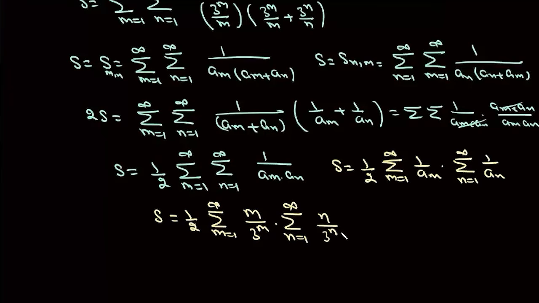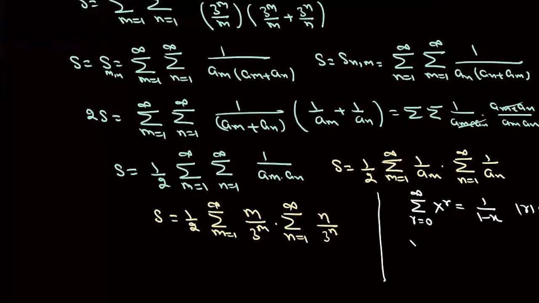Now we'll use this result, which is, we know that summation x to the power r, where r varies from 0 to infinite, is 1 upon 1 minus x when mod x is less than 1.